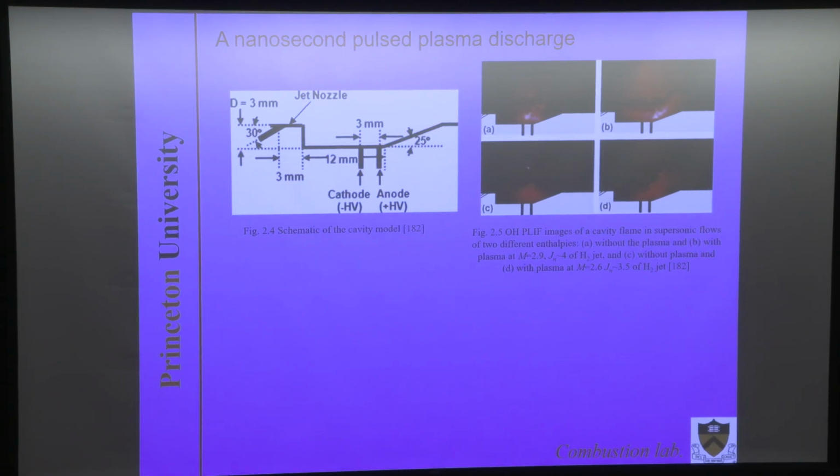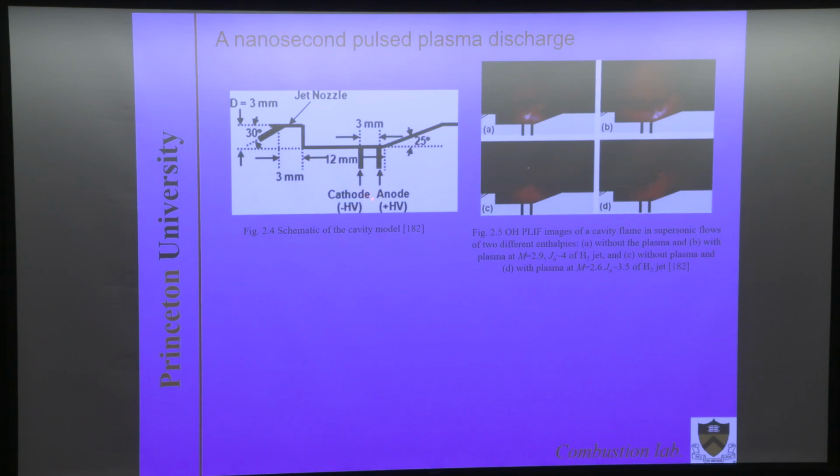So I will try to show you a few examples of how a non-equilibrium plasma can be used to enhance combustion in scramjet engines. Here is an example from Mark Cappelli's group at Stanford University.